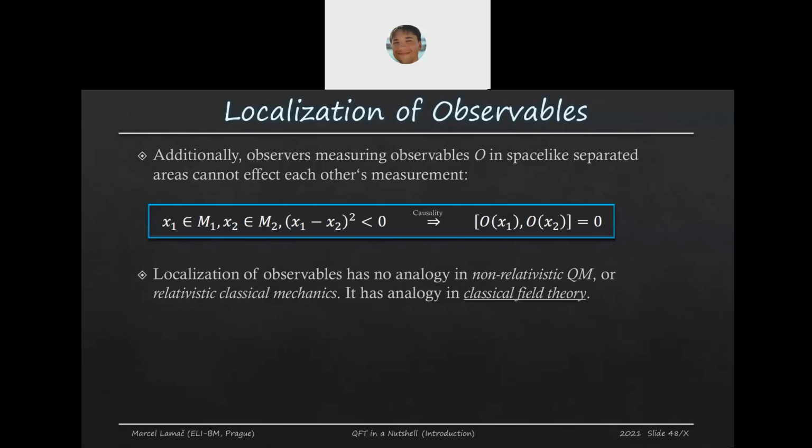And well, once again, as I was mentioning just before, localization of observables has no analogy in non-relativistic quantum mechanics. In fact, in relativistic classical mechanics, it has only an analogy in classical field theory. If you remember on the slide where we were talking about the action, the requirements for the Lagrangian, we were discussing locality and how it relates to electric intensity.